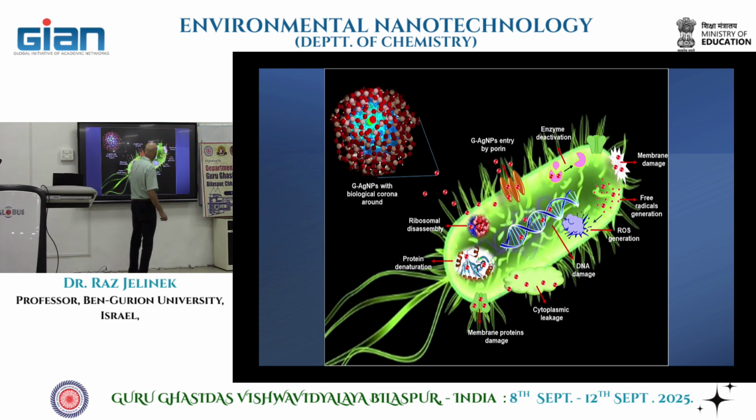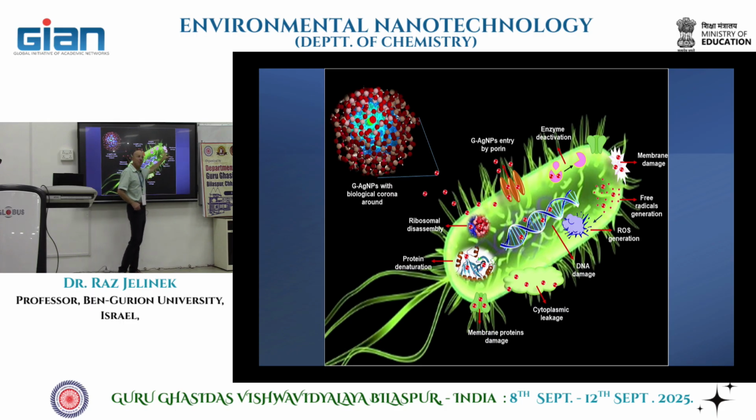And then when they are inside the bacterial cell, using this redox effect, the reduction oxidation effect of the electrons, they can do damage. They can damage the DNA. They can affect biochemical processes of enzymes.